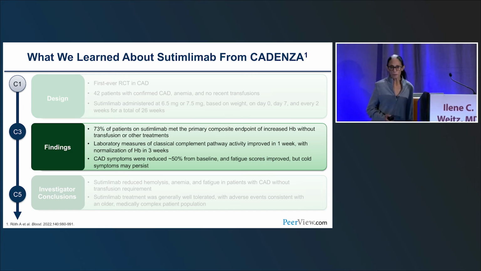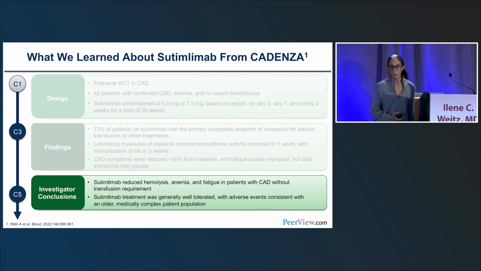So very effective. The laboratory measures of the complement system were improved within a week. The symptomatology that the patients reported was improved within a week of treatment. CAD symptoms were reduced 50% from baseline, and again, the fatigue scores in particular were improved within a week of starting therapy, but the cold symptoms, the Raynaud's, et cetera, persisted.